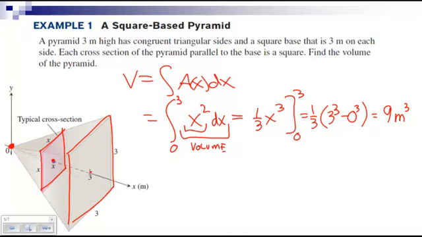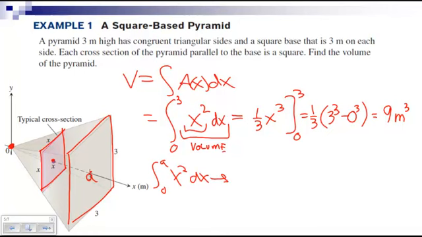Instead of going to 3, let's stop at some point A. The integral now becomes the integral from 0 to A of x squared dx.